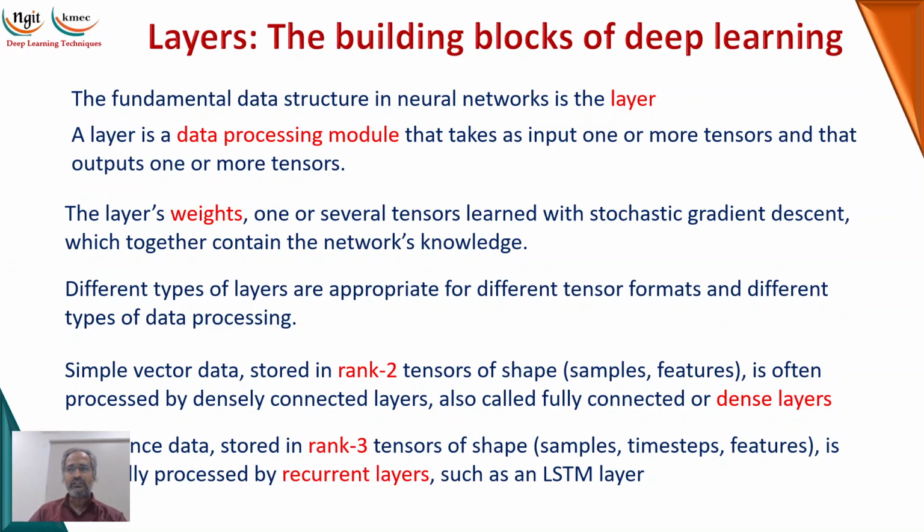Rank 2 tensors go with the dense layers, and rank 3 tensors go with the recurrent layers, which will be used in RNN, LSTM, GRU, like this, for series handling. For series analysis algorithms, we will use rank 3 tensors.